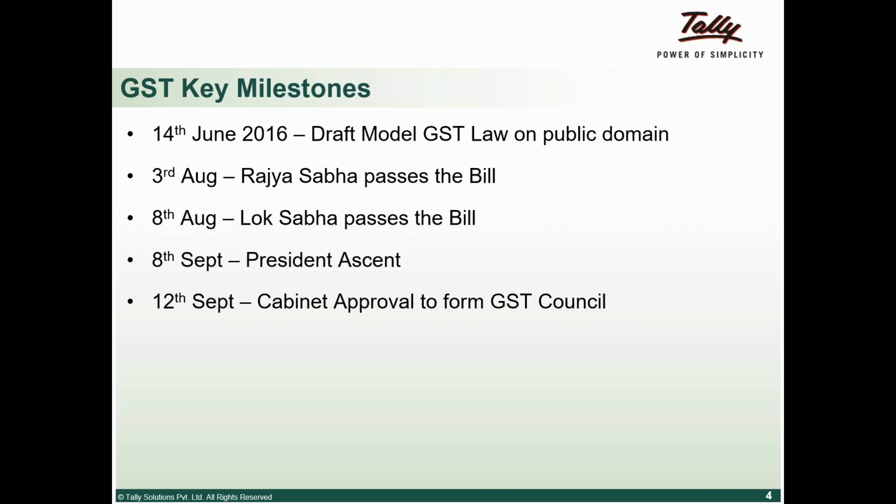So these were two different machineries working in isolation. Now, both the state and the centre have to come together and work together towards the GST implementation, or towards the GST taxation system that is going to be implemented in our country.